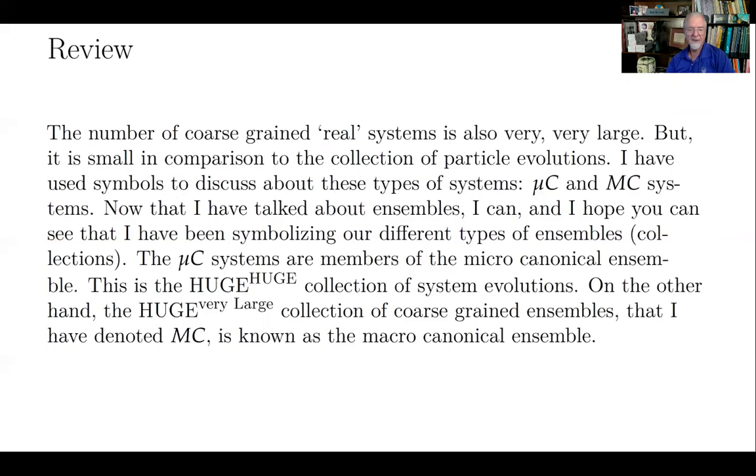So the mu-c is the micro-canonical ensemble, and this is huge to the huge power collection of system evolutions. On the other hand, huge to the very large collection of coarse graining ensembles, which I called the macro-canonical ensemble.